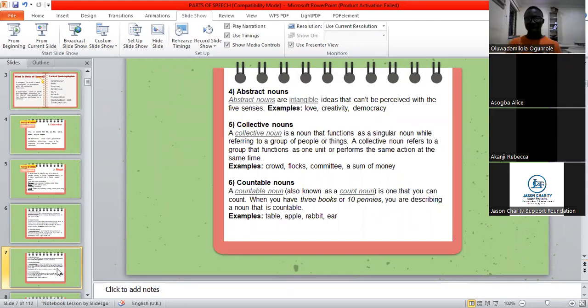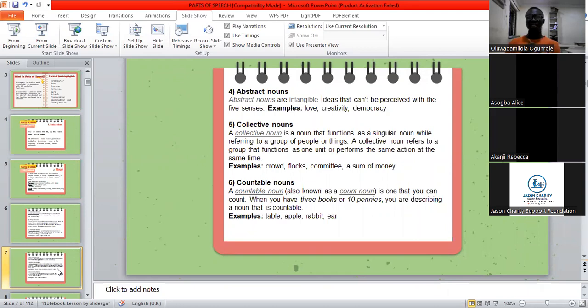They refer to them as one unit because they carry out the same action at the same time. Now, we have an example of a crowd. We can have a crowd of persons. We can have a flock of sheep, and so on. We can have a committee of persons. We can have a sum of money.